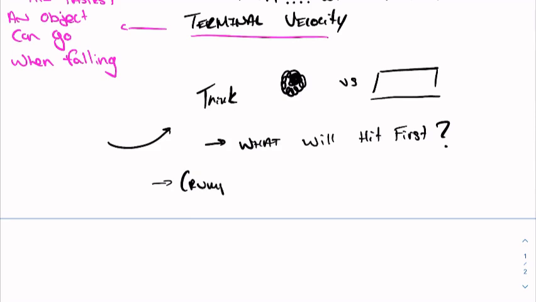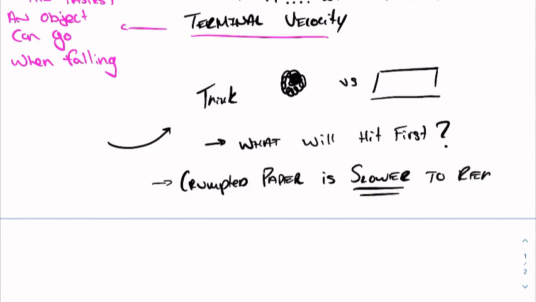Clearly, the unfolded piece of paper is going to hit its terminal velocity first, because the air resistance is much bigger on an open piece of paper rather than a crumpled up ball.